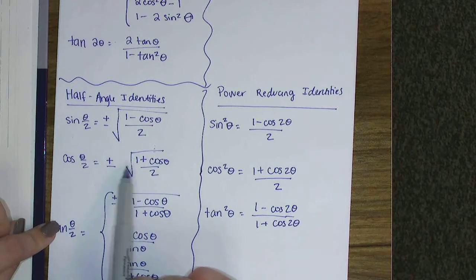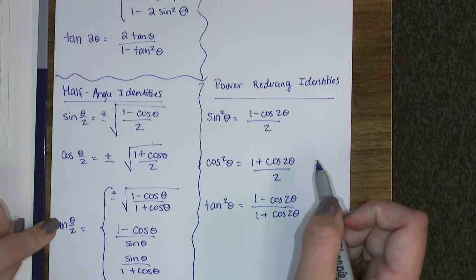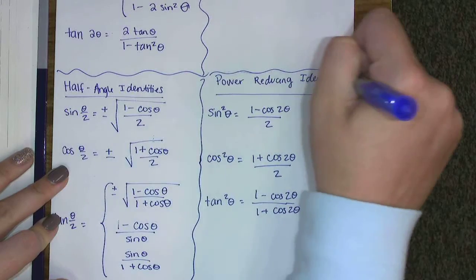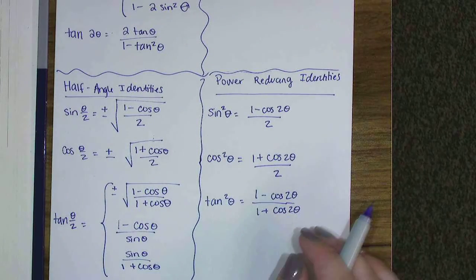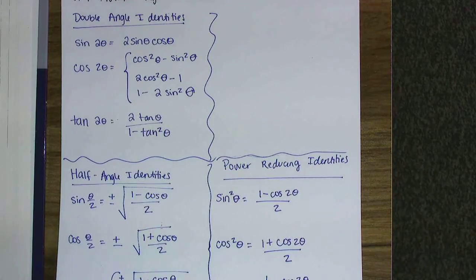So those are all of the identities that you need to be aware of. If you are quizzed on them, it would be the extent of: tell me what the double angle identities are, the half angle identities, or the power reducing identities. There would be no actual homework with this section.